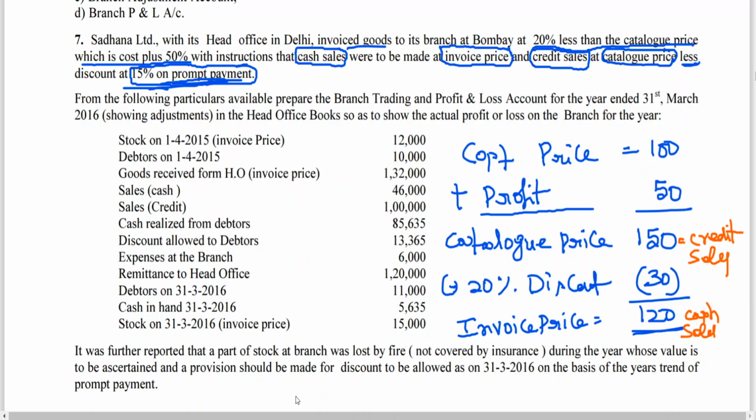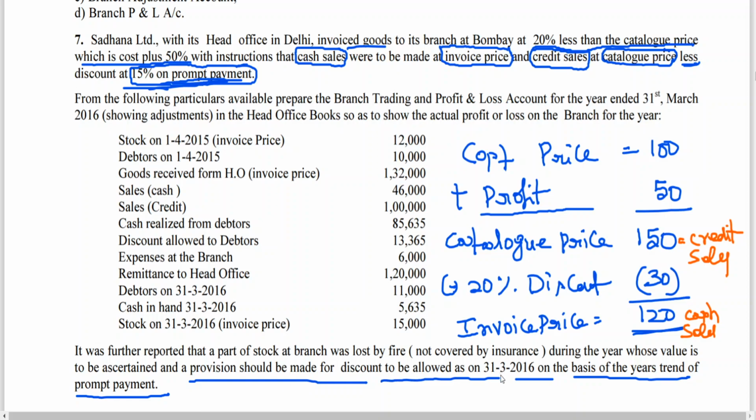A provision should be made for discount to be allowed as on 31st March 2016 on the basis of the year's trend of prompt payment. He is saying that 15% prompt payment discount is given for cash that is being received from the branch customers by the branch, and the provision should be made for discount to be allowed as on 31st March 2016 on the basis of the year's trend of prompt payment.